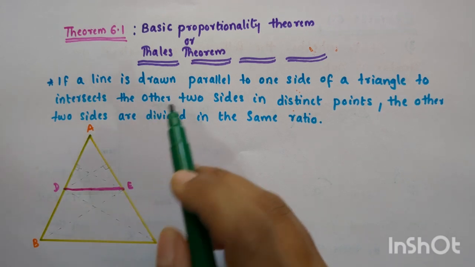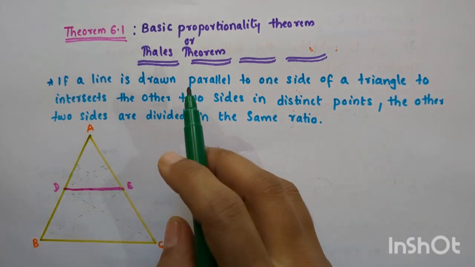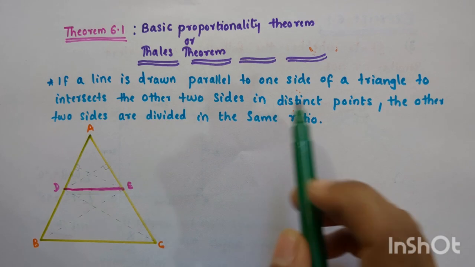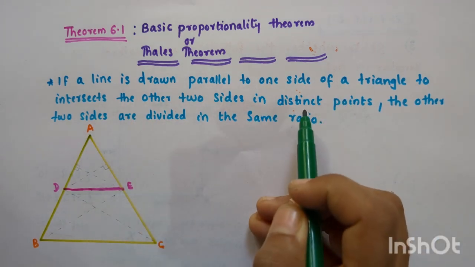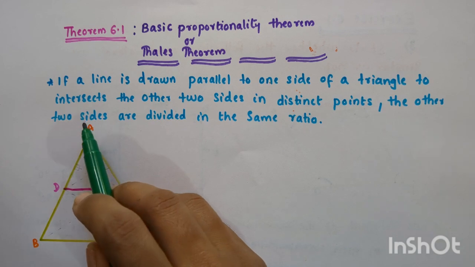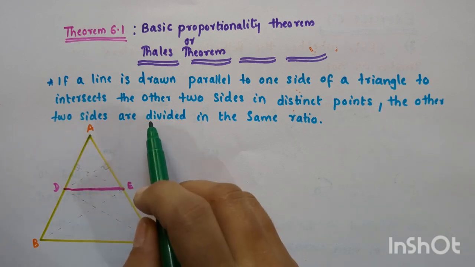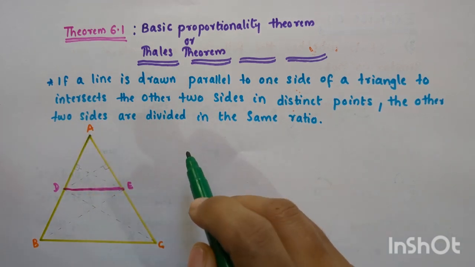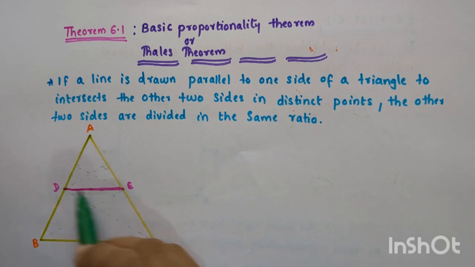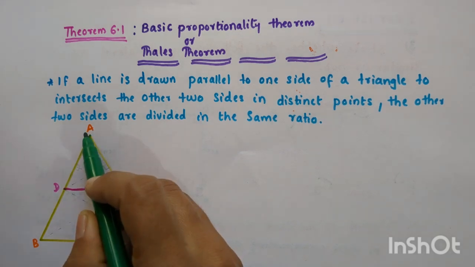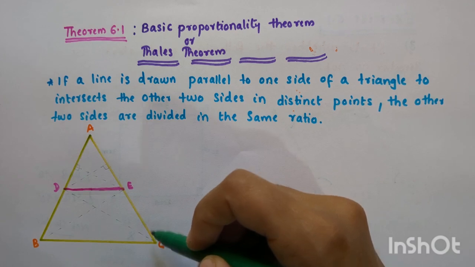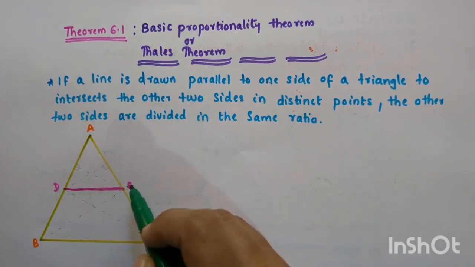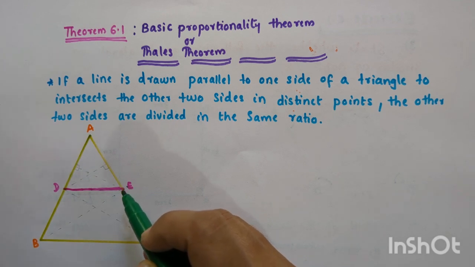Now, according to this theorem, if a line is drawn parallel to one side of a triangle to intersect the other two sides in distinct points, the other two sides are divided in the same ratio. So, this line DE intersects side AB as well as side AC in two distinct points D and E. So, the sides are divided in the same ratio.